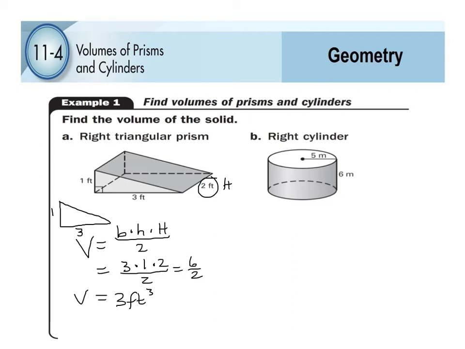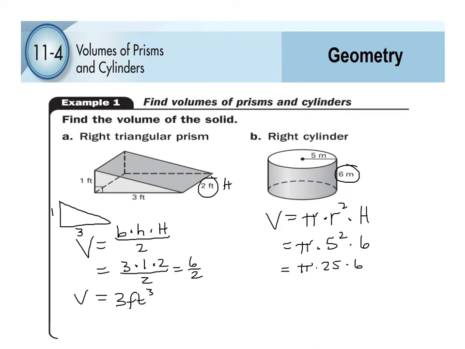Here's an example of a cylinder. I'm going to find the volume of the cylinder. Again, my formula is pi times r squared times the height of the cylinder. In this case, my radius is 5. The height of the cylinder, the line that connects the two circles, is 6. So this is pi times 25 times 6.